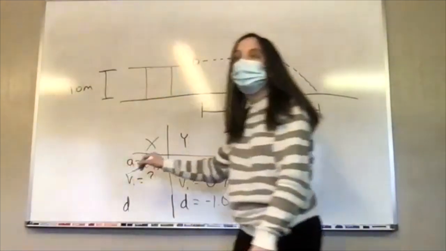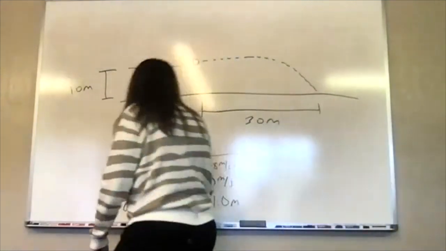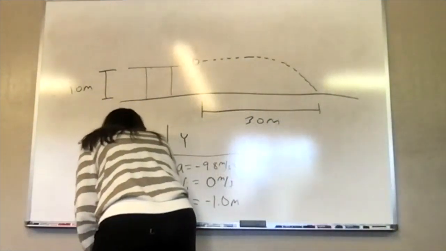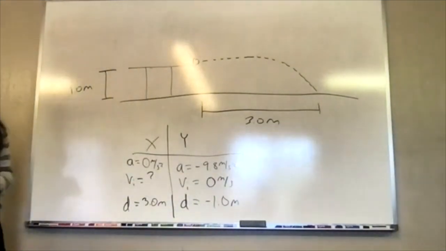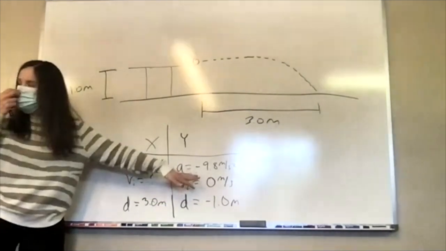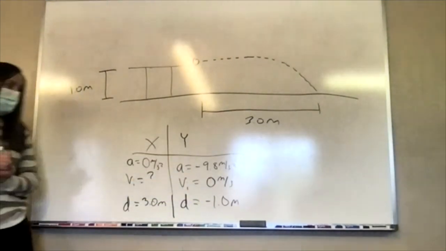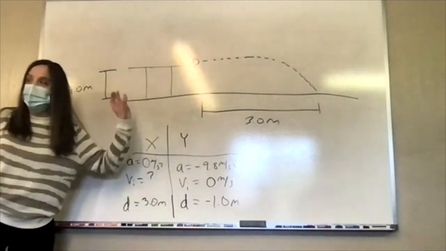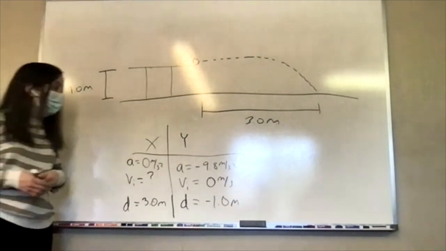And then the x distance, 3. So that's all the things that we know. If we know 3 things in a dimension, we can solve in that dimension. So we know 3 things in the y dimension, we can solve in that dimension. What are we looking for? We're looking for time.